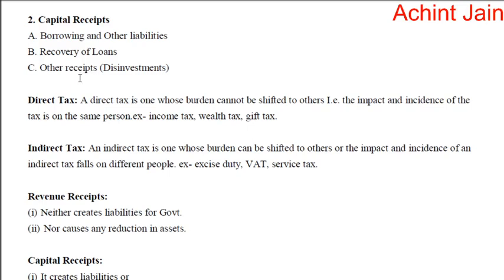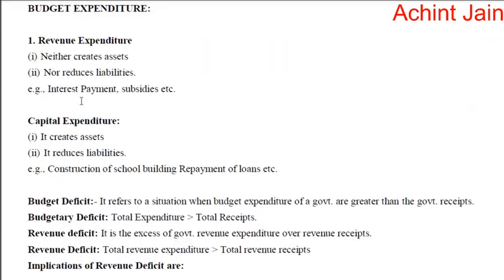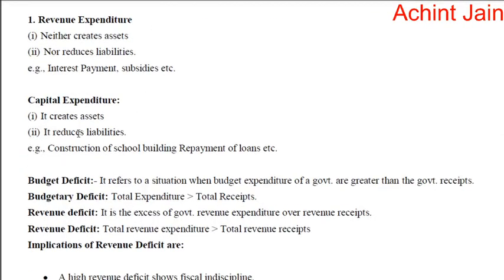The next component of the capital budget is the capital expenditure. Capital expenditure is the expenditure of the government which results in creation of physical or financial assets or reduction in financial liabilities.